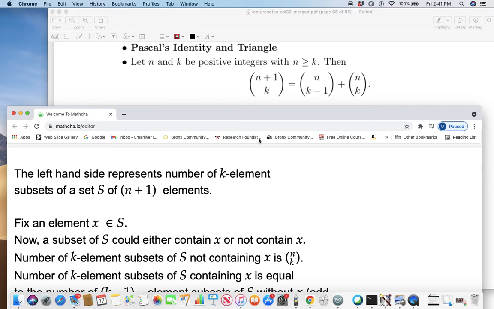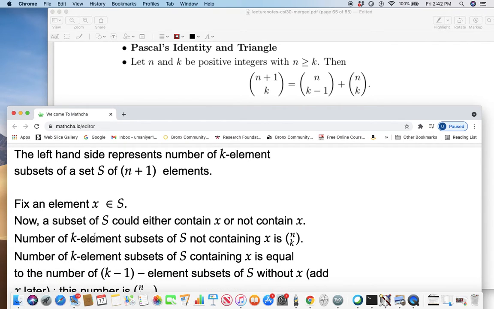Okay. Now fix an element. Now n plus 1, so it's at least 1. Fix some element in S, let's call it x. Now a subset of S could contain x or may not contain x. So take a k element subset. It may or may not contain x. So what if it does not contain x? Well, if it does not contain x, then I'm choosing k elements from n elements, because that x is the n plus first element.